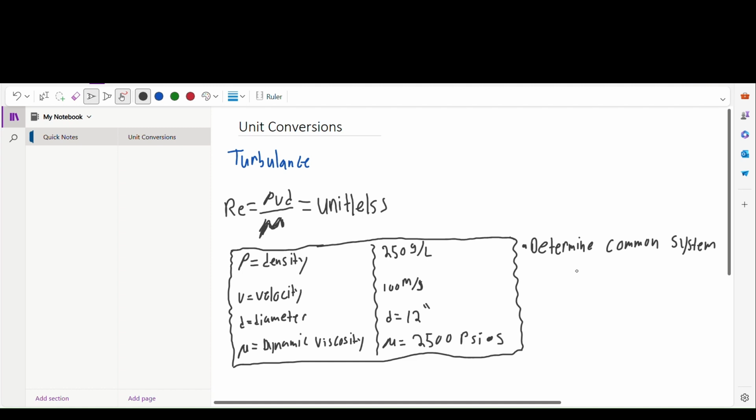So we've determined, we'll call it metric. Check that box off. Give it a bullet point, I guess. So now the next thing you'll do is you will go ahead and convert your inches.